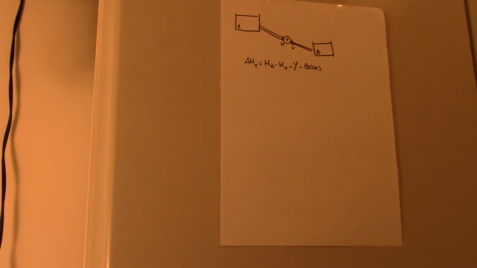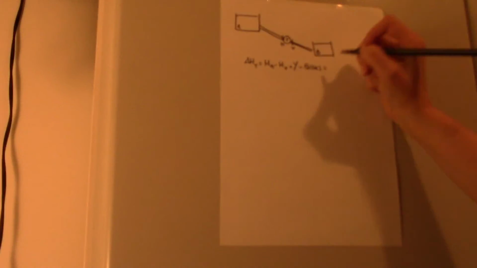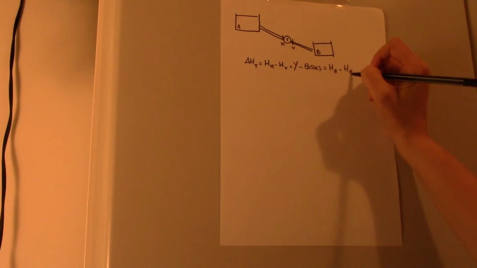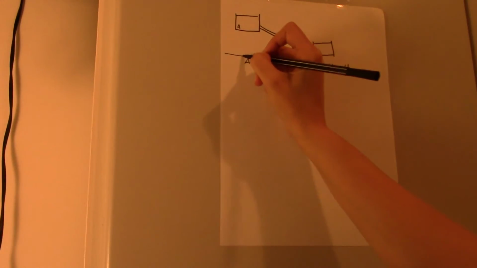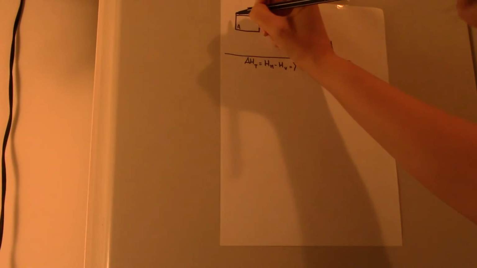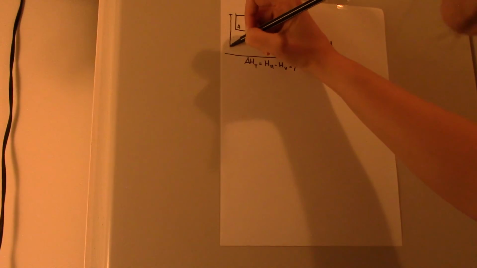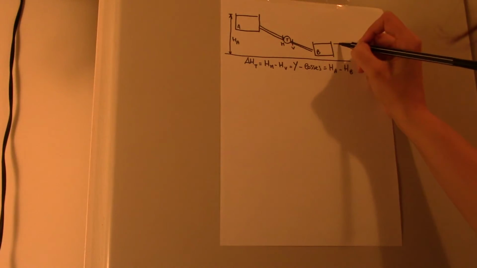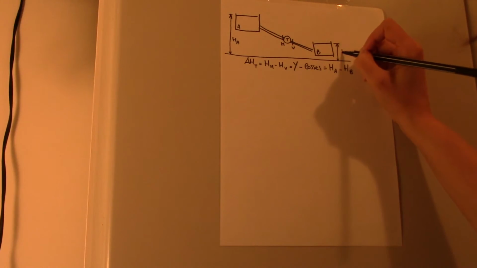Where Y was HA minus HB, with respect to a reference system, we are talking about this stuff, HA minus HB.